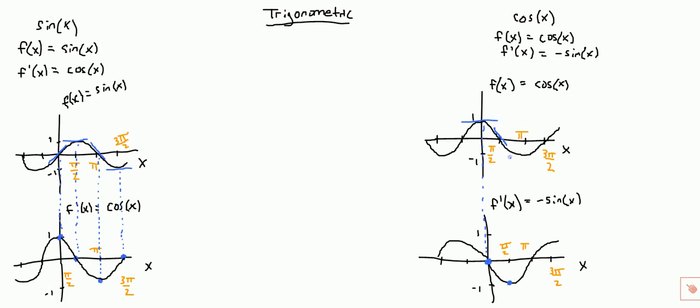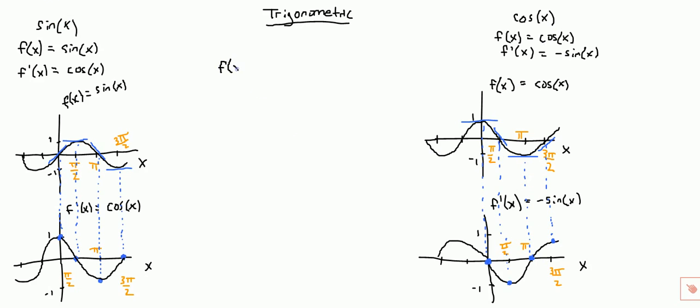At pi, looks to be 0, and at 3 pi over 2 it looks to be positive 1. Okay, so we can see the connection between the slopes and the derivative graph, right? So the derivative of cosine is negative sine. Let's practice these derivatives.